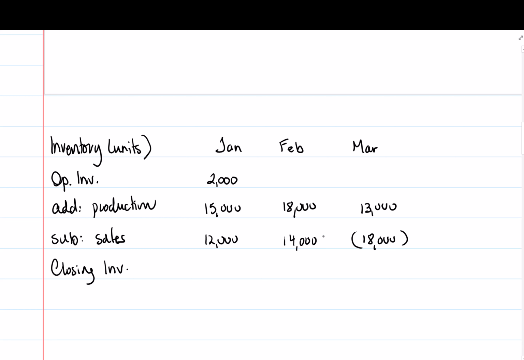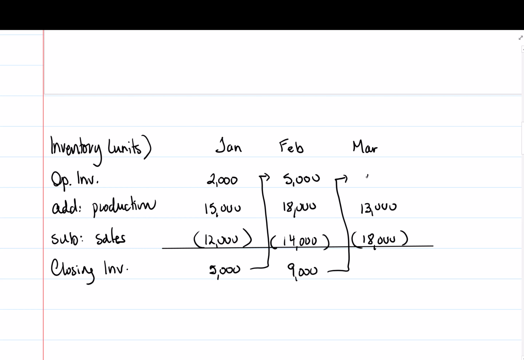So we're going to subtract that, and then we can calculate ending inventory. For January, ending inventory is 5,000 units. That of course goes up and becomes February's opening inventory, which gets you to 9,000. Again, that goes to opening, which gets you to 4,000.